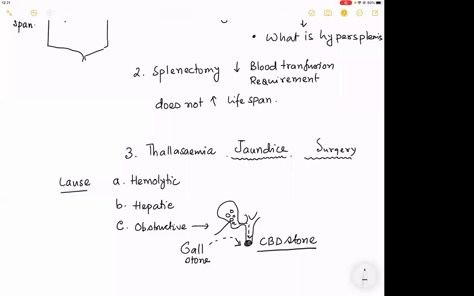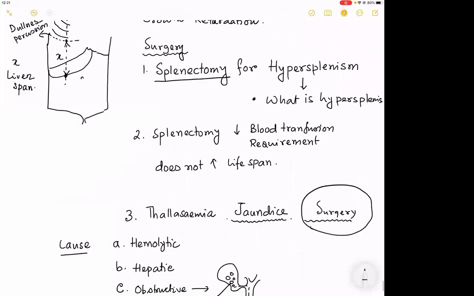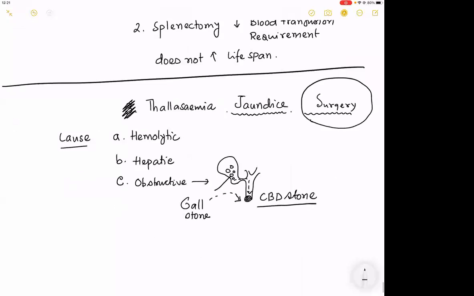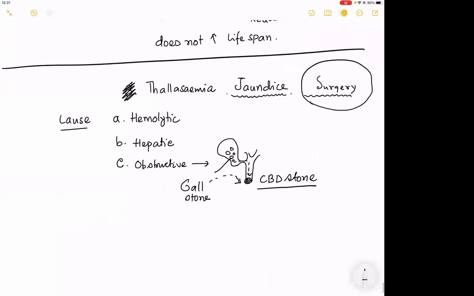Gallstones, CBD stones. If there are CBD stones, why would I do a splenectomy? No. I asked you, why was the patient admitted in surgery? That was not the third indication. Why was the patient admitted in surgery? Oh, I should not have numbered it 3. This is creating the confusion. Very sorry. I should not have numbered it 3. Okay. So this completes thalassemia as a case. Next one. Please tell me when you have completed writing.